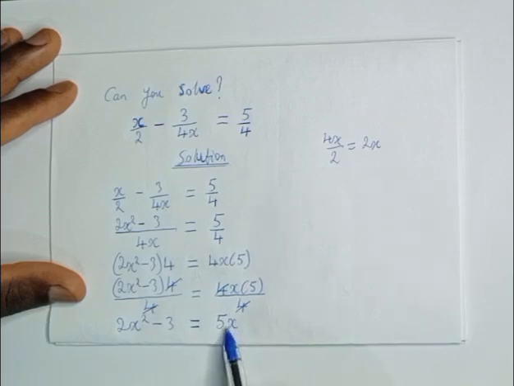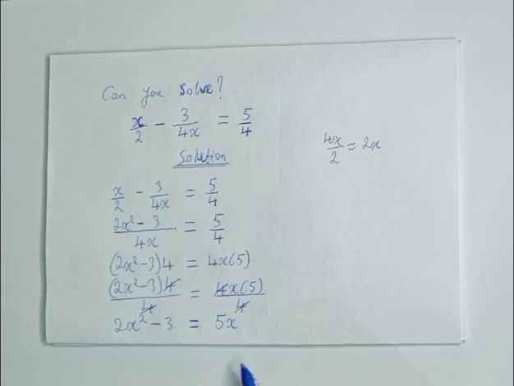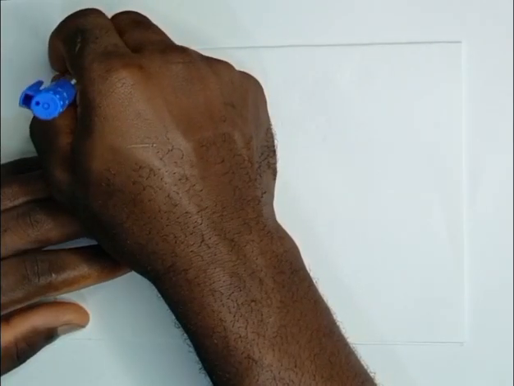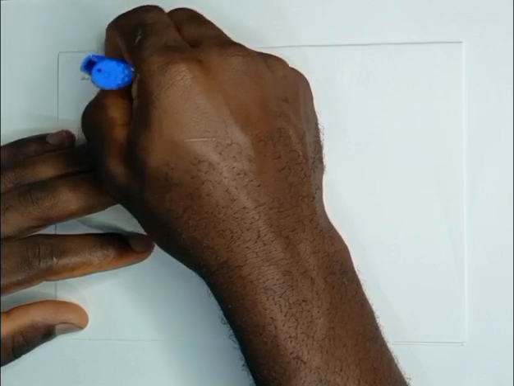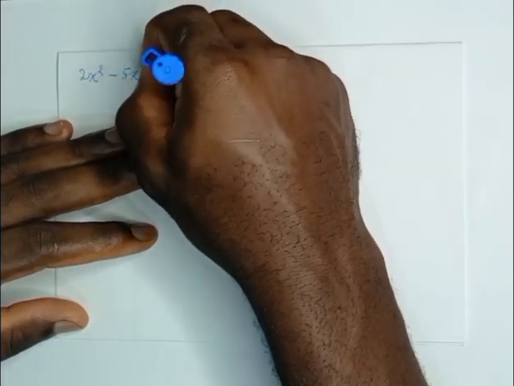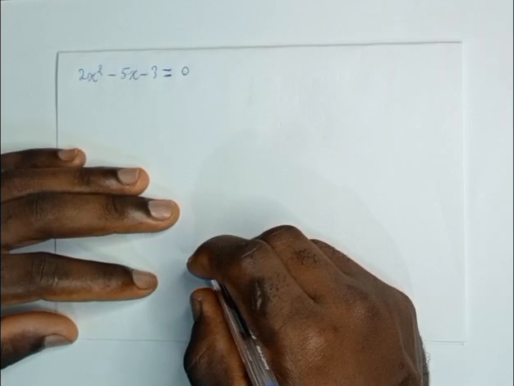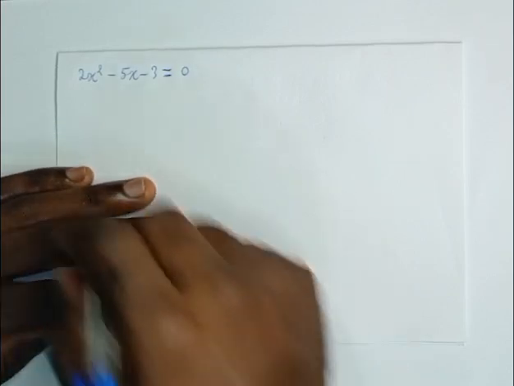Next, we are going to transfer 5x to the left hand side because this is a quadratic equation. This will give us 2x squared minus 5x minus 3 equal to 0. This is a quadratic equation. We can solve this quadratic equation by factorization method.